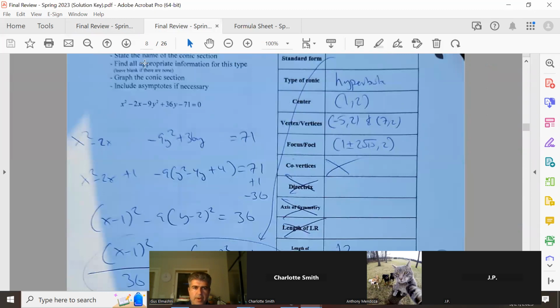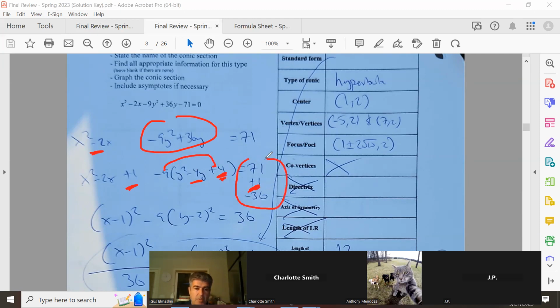So when you complete the square, you take half of -2, which is -1, squared. That's +1. That's why I have a +1 here. Then after I factor out -9 from these two terms, because it's easy to complete the square when the leading term has a coefficient of 1, half of -4 is -2. If I square it, I get 4. So you do -9 times 4, which is -36.